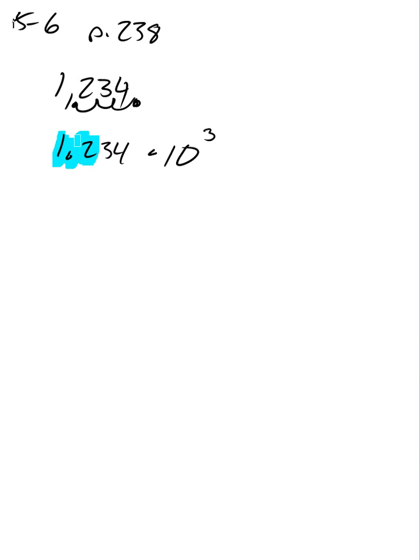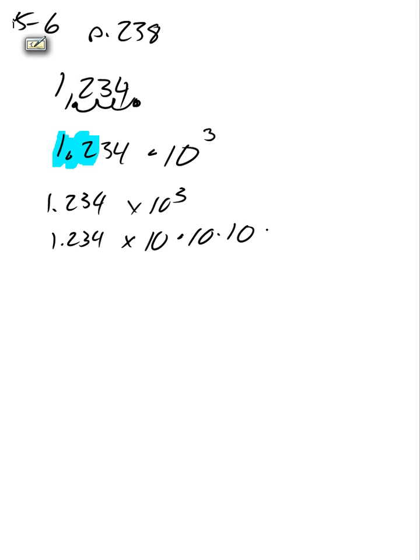The other thing is, this makes sense in terms of how the answer came to be. If I have 1.234 times 10 to the third, that means I've got 1.234 times 10 times 10 times 10, which is 1.234 times 1,000.